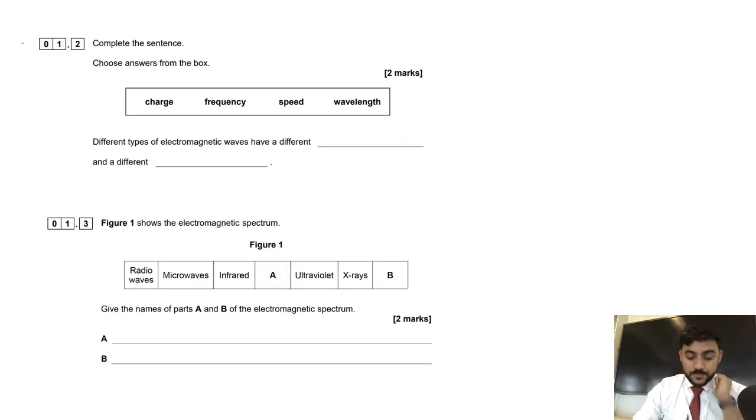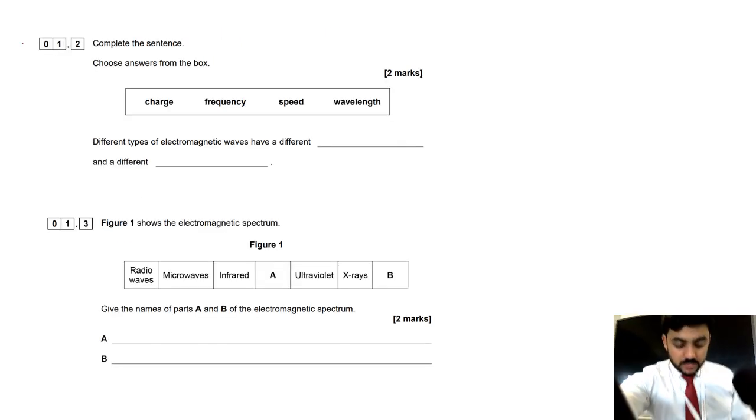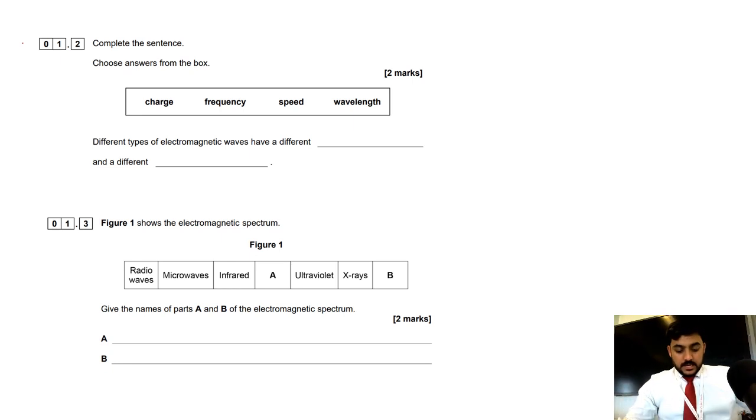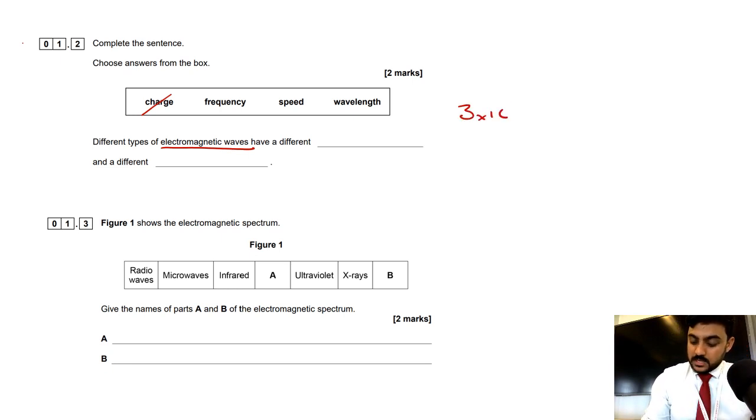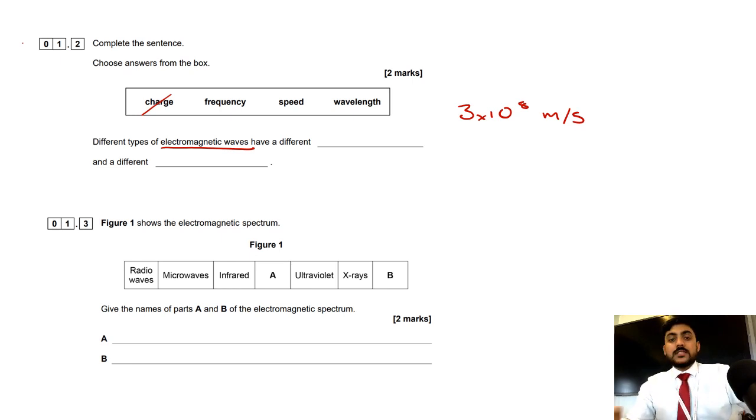Question 1.2. Complete the sentence. Choose the answers from the box. Different types of electromagnetic waves have a different something and a different something. Since we're talking about electromagnetic waves, charge does not come into it. Frequency, speed, and wavelength do come into it, but since electromagnetic waves are being discussed, they have a speed of 3 times 10 to the 8 meters per second, and all electromagnetic waves have that speed.